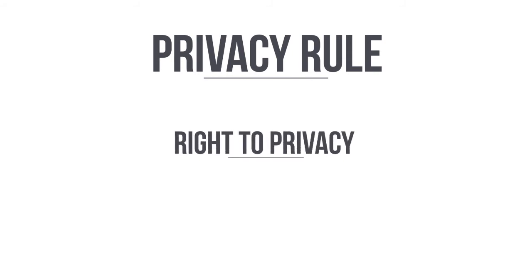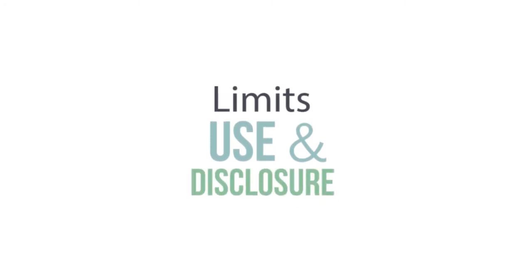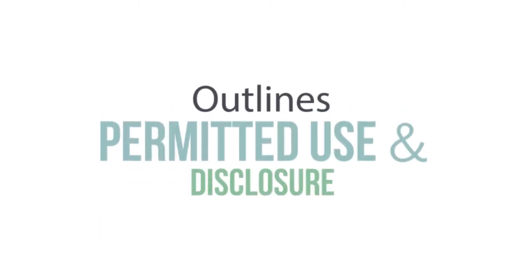The Privacy Rule. What is it? The Privacy Rule protects an individual's right to the privacy and confidentiality of individually identifiable health information. How does the Privacy Rule protect PHI? It limits the use and disclosure, almost all of which requires the individual to authorize that use or disclosure. The Privacy Rule also outlines the permitted uses and disclosures defined as the release of information to the individual or personal representative for purposes related to treatment, payment, and healthcare operations.